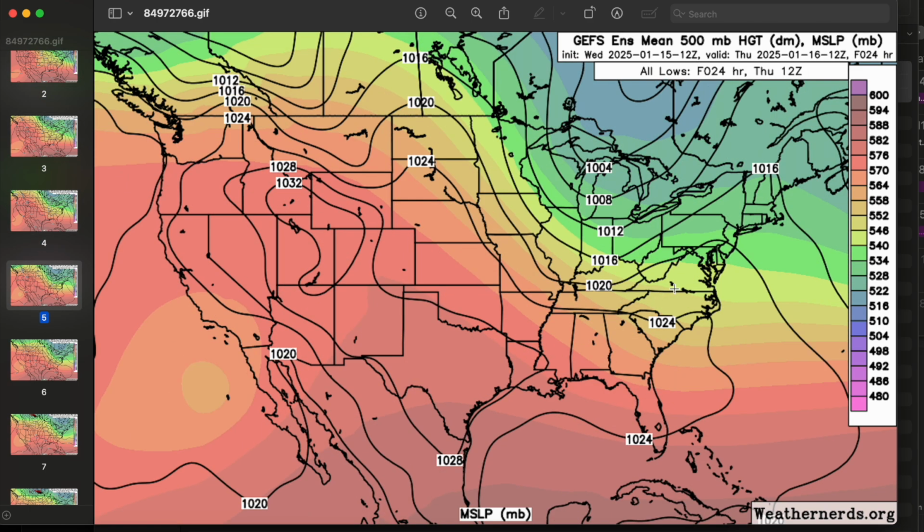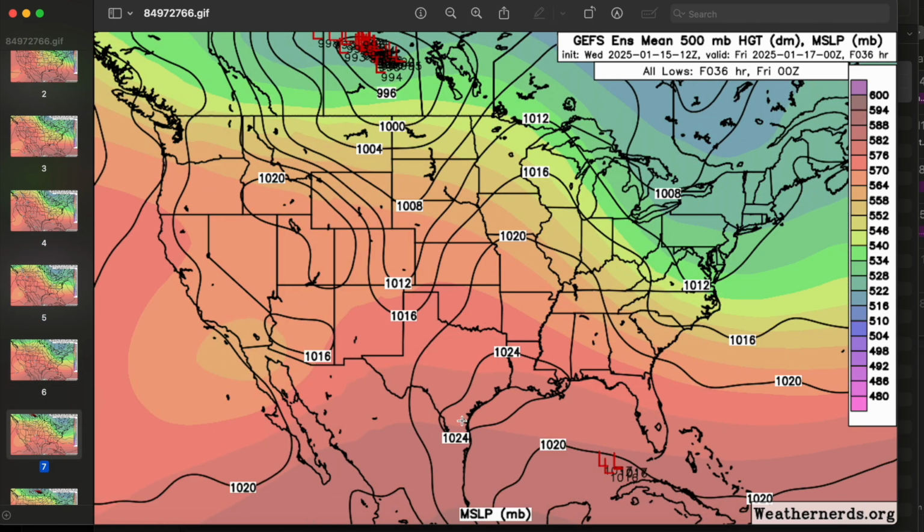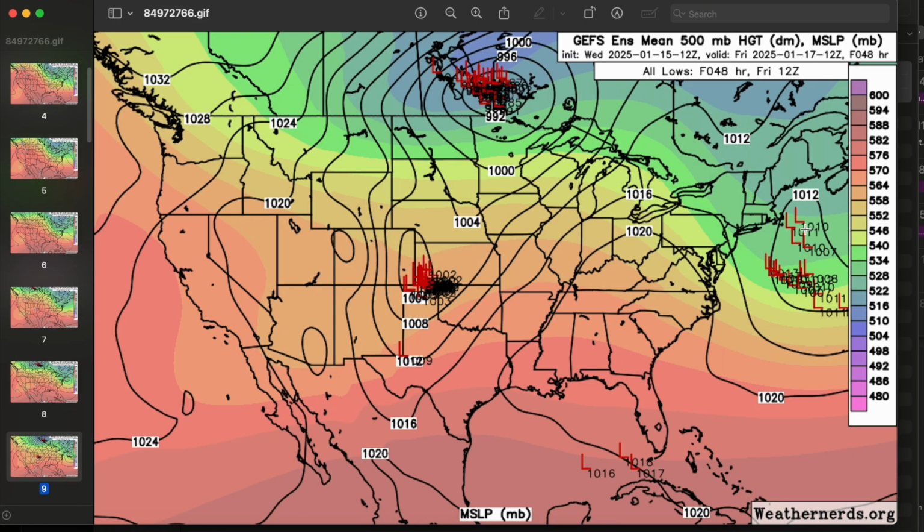As we push this forward, this high pressure center gets really far south, to the northern Gulf of Mexico, and that trough slides off the eastern coast, maybe inducing some low pressure centers.